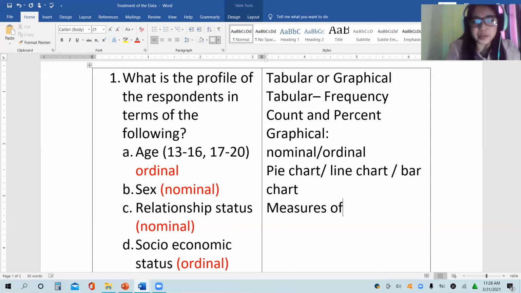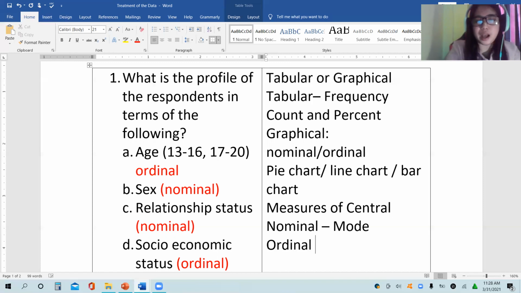So for the appropriate measures of central tendency, if our data is nominal, if you can still remember, the appropriate is mode, the highest frequency. While if your data is ordinal, the appropriate measure is median.